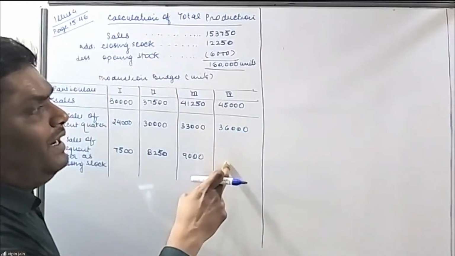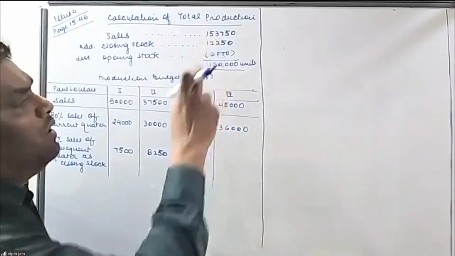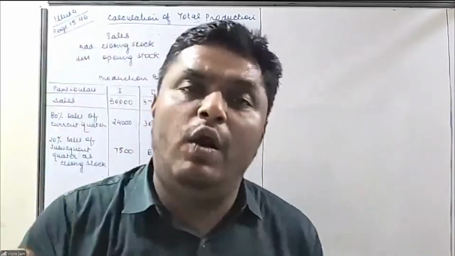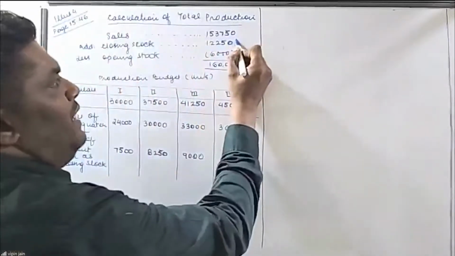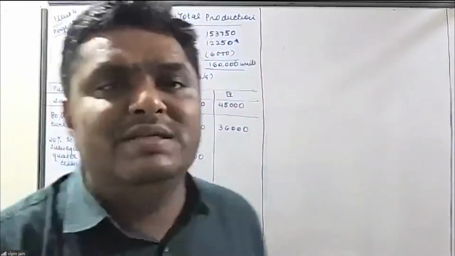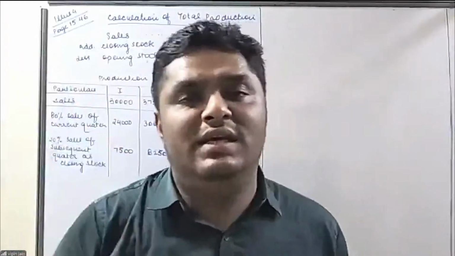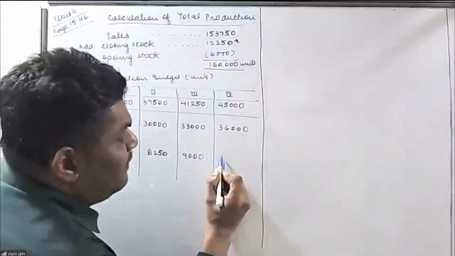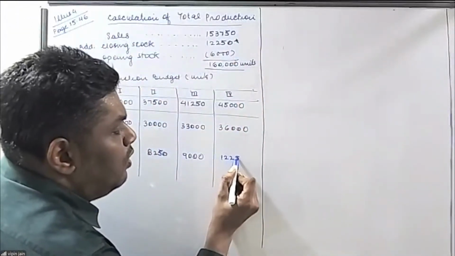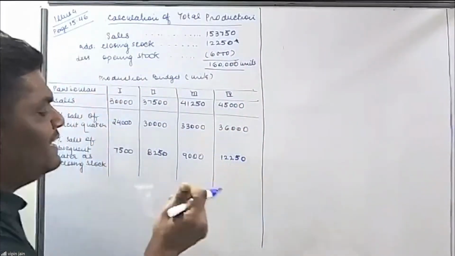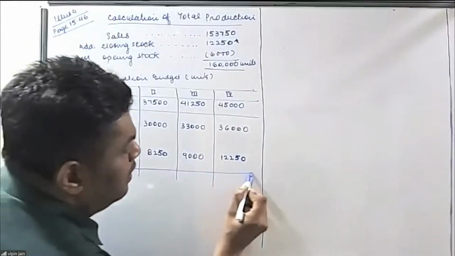And very important, guys, for the last quarter, the year-end closing stock we have is 12,250. It represents the sale of the subsequent quarter, that is of the next year. So 12,250 will be my closing stock for this quarter, and for the year end also.